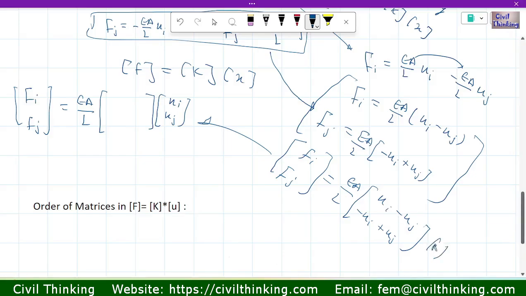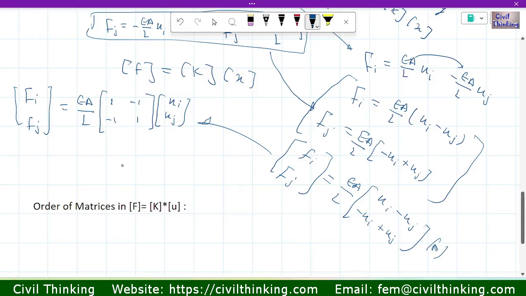Then here it is going to be the coefficients: 1, negative 1, negative 1, because here it is negative Ui, because I kept the Ui outside. So here what will be left? Minus 1, right? Similarly here I keep the Ui outside, as it is Ui, so here will be 1. So it is going to be 1, minus 1, minus 1, 1.